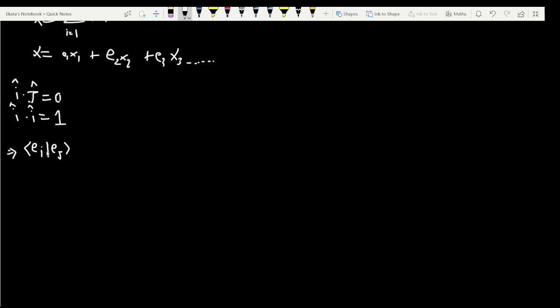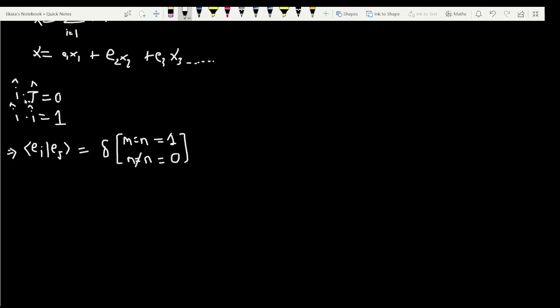For you, let's understand that this means we are doing the dot product of these two vectors. When we do the dot product of these two vectors, it is equal to the canonical delta. Canonical delta means if m is equal to n, just like if i is equal to j, its value is equal to 1.